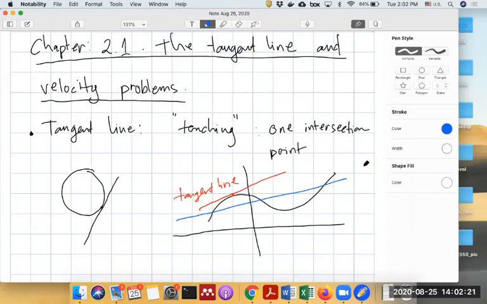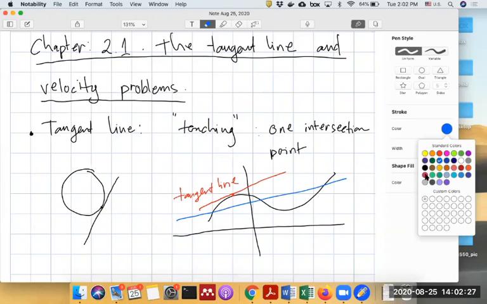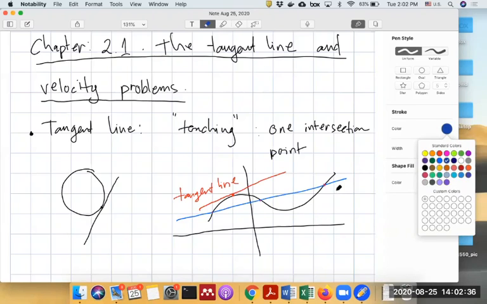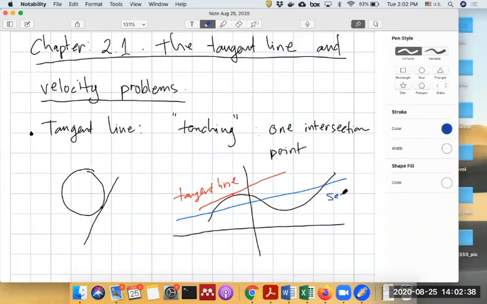Is it a tangent line? No. Why? Because it touches the graph here at 3 points, right? So for these, we call it a secant line, okay?